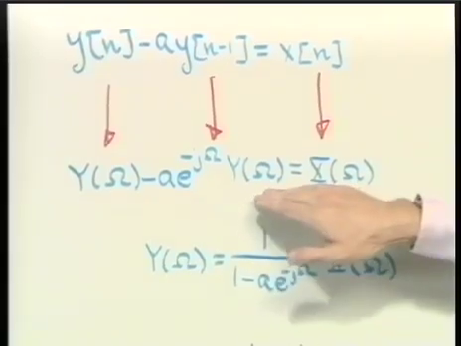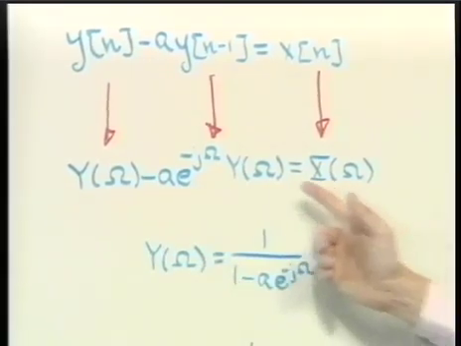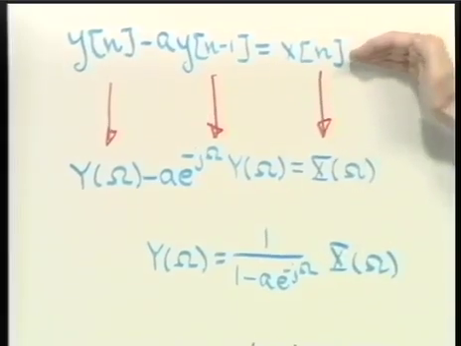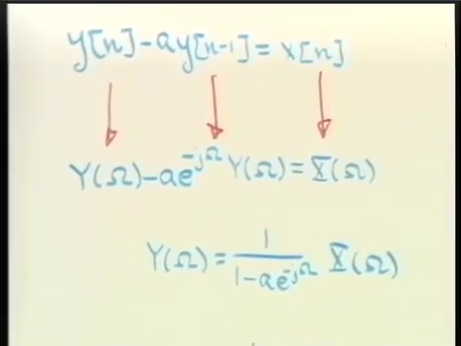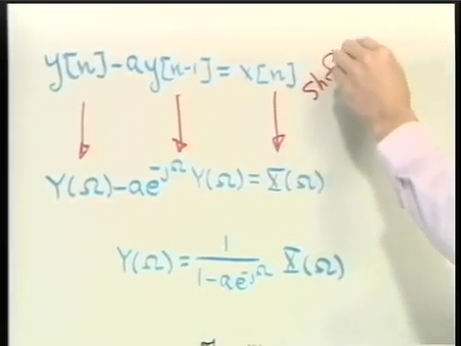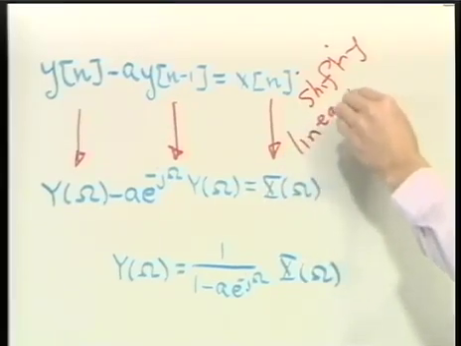And simply solving this for Y of omega yields what we have here. Now, what we've used in going from this point to this point is both the shifting property, and we've also used the linearity property.